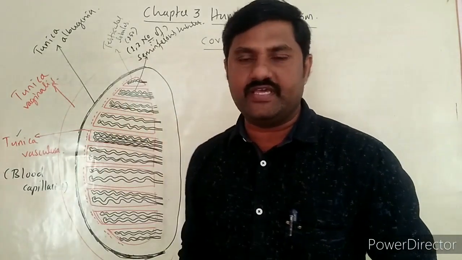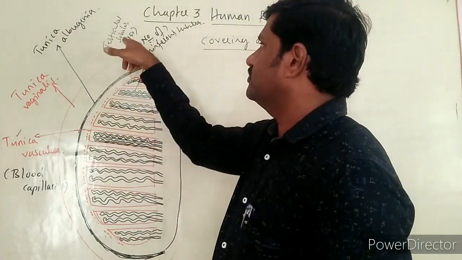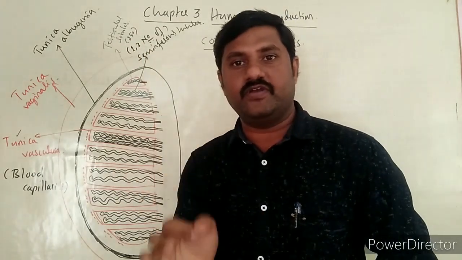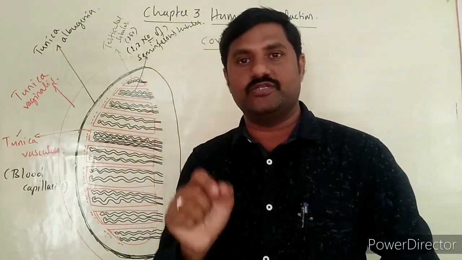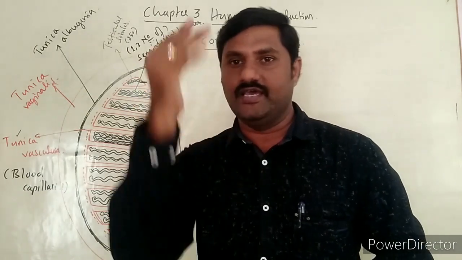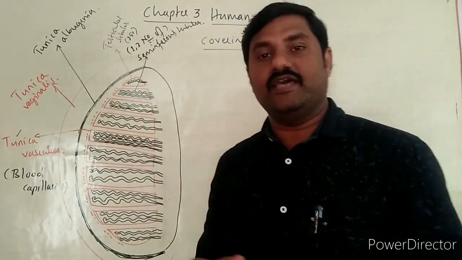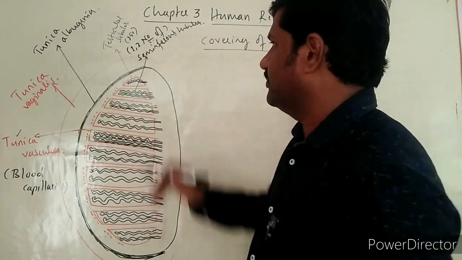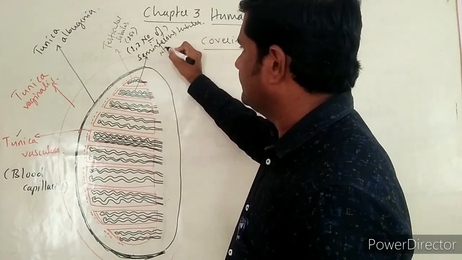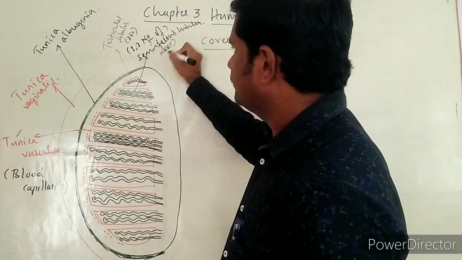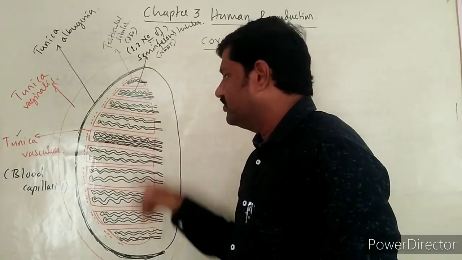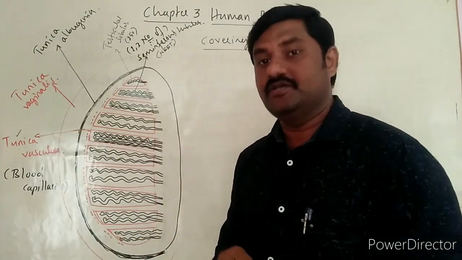Taking the highest number, 250 into 3, so 750 seminiferous tubules are present in each testis. You can answer the MCQs very easily. This is an important point to be noted as far as NEET is concerned. Okay, this is about the testicular lobules and seminiferous tubules.